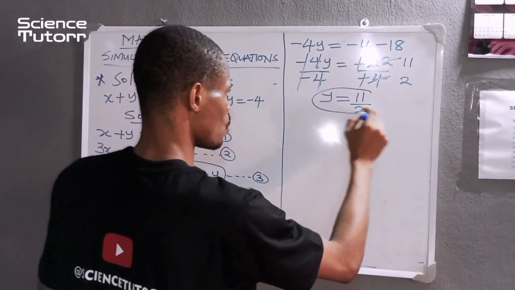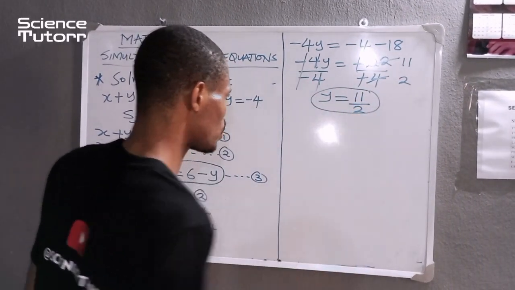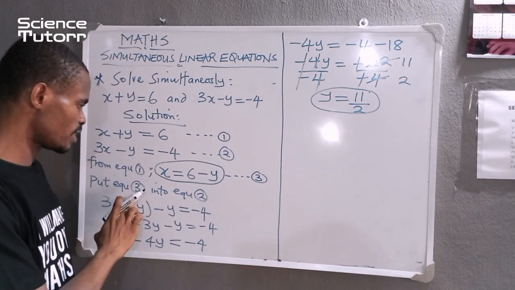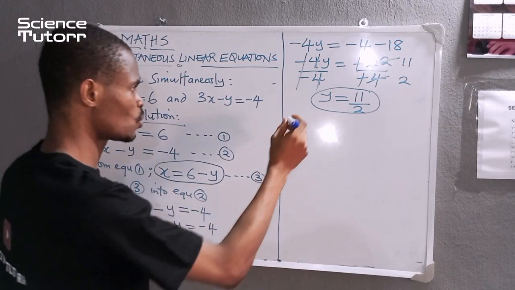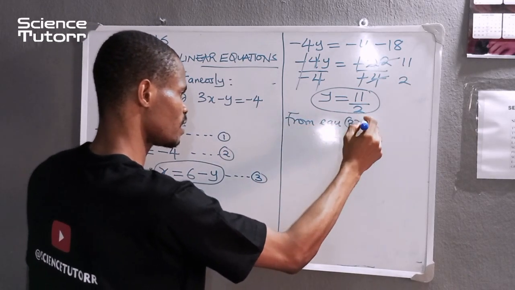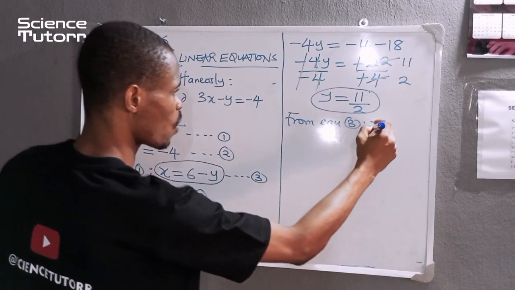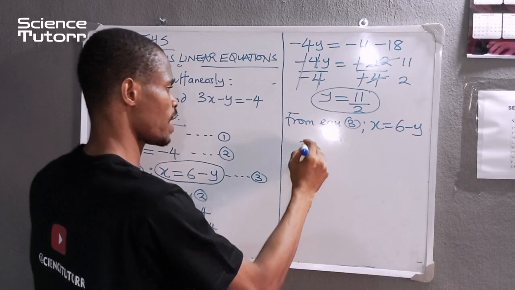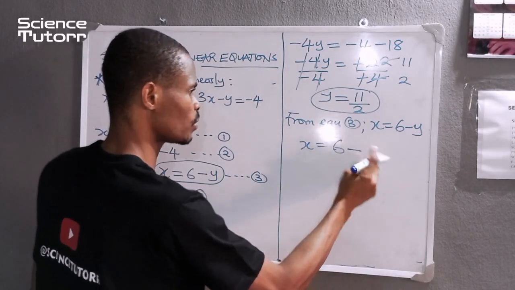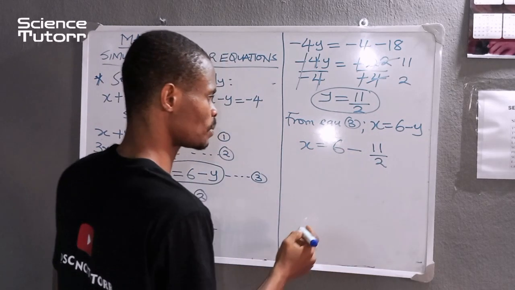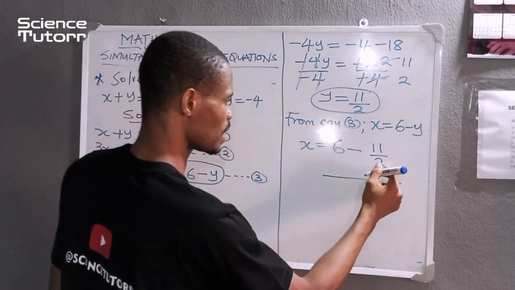This is the value for y. So what next? What am I going to do? I'll go back to my equation 3 to find x. From equation 3, I have x equal to 6 minus y. So x is equal to 6 minus 11 over 2. I'm substituting. So I take my LCM.